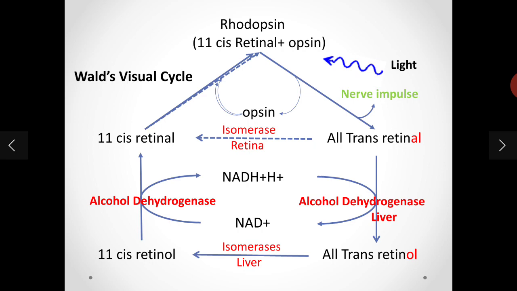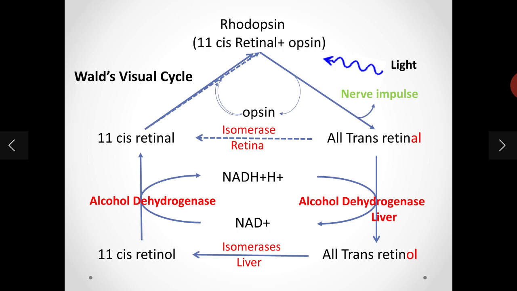So this is the Wald's visual cycle. We'll see how the retinal will combine with the opsin to form rhodopsin. The rhodopsin is always present in your rod cells. Once the light falls on the rhodopsin, it will be cleaved into all trans retinal plus the opsin. This all trans retinal is converted to the alcohol form, all trans retinol, by the enzyme alcohol dehydrogenase in the liver.